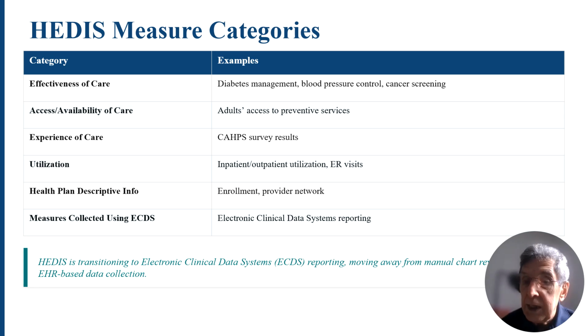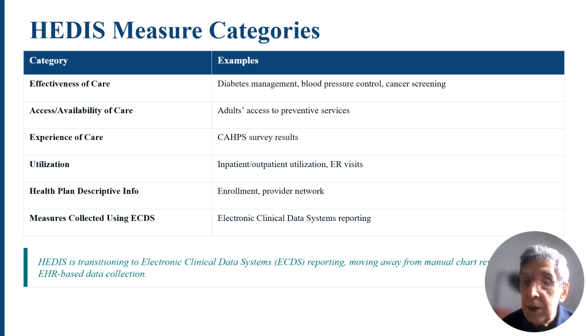Experience of care captures patient satisfaction through CAHPS surveys, which is a separate data collection process. The utilization measures track patterns like inpatient admissions, outpatient visits, emergency room usage. The health plan descriptive information covers enrollment, demographics, and provider network details.